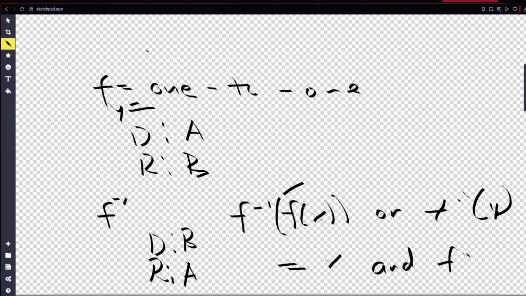Sorry, I guess I wrote it wrong. The inverse of f of x gives you just x back, because f of x is the output of the original function. The inverse takes the output, and this is the entire input, and then the function takes that input again and transforms it to give you the output.